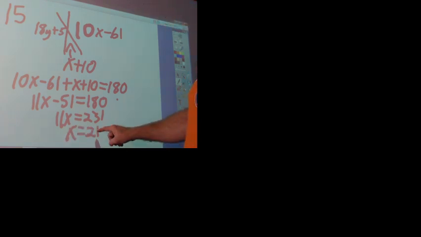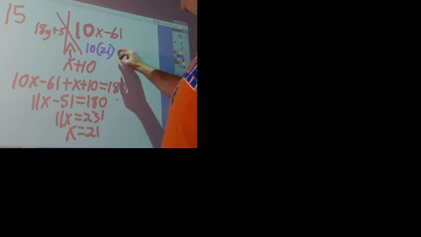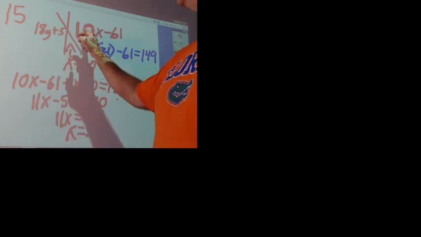Now I can plug in 21 right here. So now I have 10 times 21 minus 61, which is 210 minus 61, or 149. Since these two are vertical, I know this angle equals that.